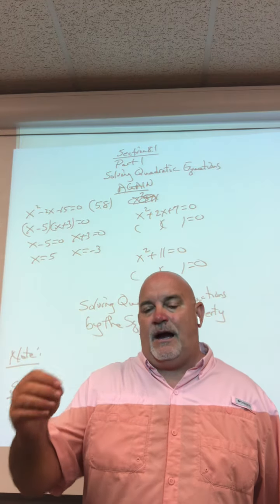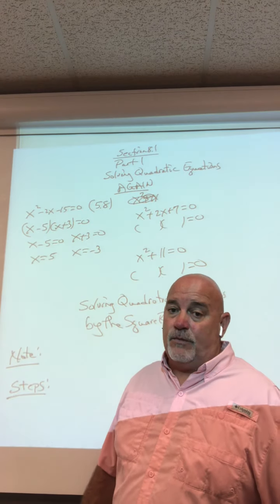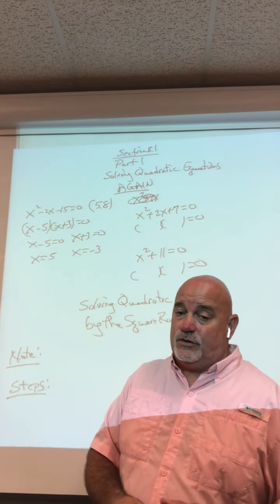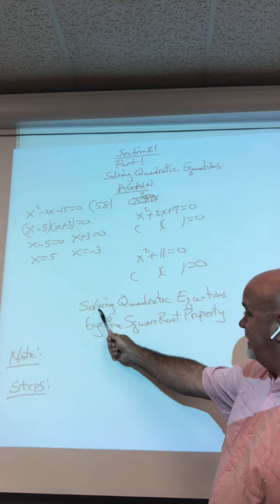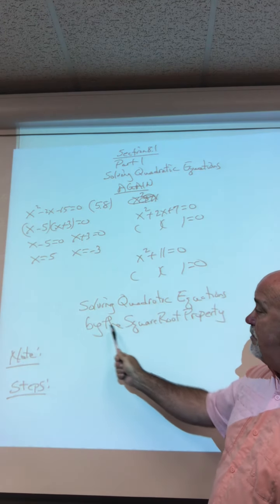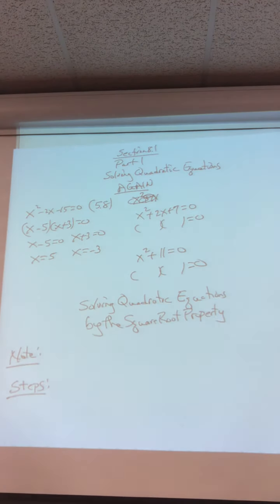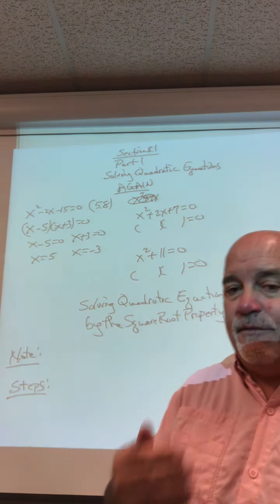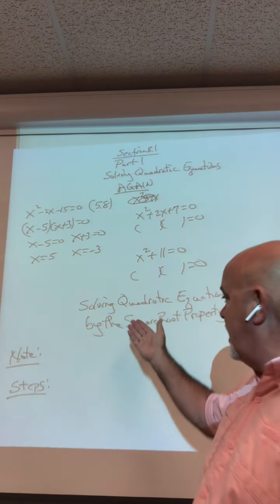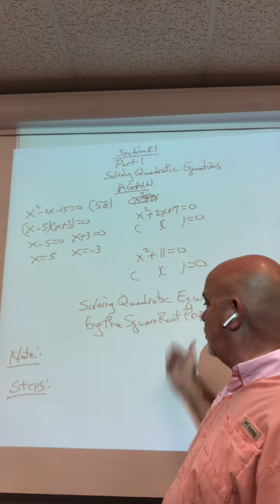So we only limit our discussion to the factoring method, which is limited because not everything factors, and also the method that I want to talk about with you in this section. So write this down: solving quadratic equations by the square root property. Pause the video if you need to. Okay, so when we finish this section, we will have covered in this course 2 ways to solve quadratic equations: the factoring method, if it can be factored, and this square root property.